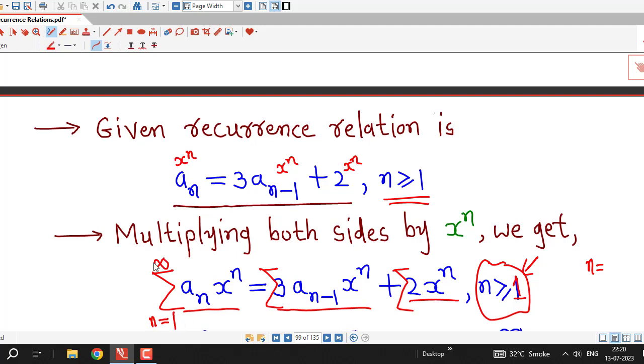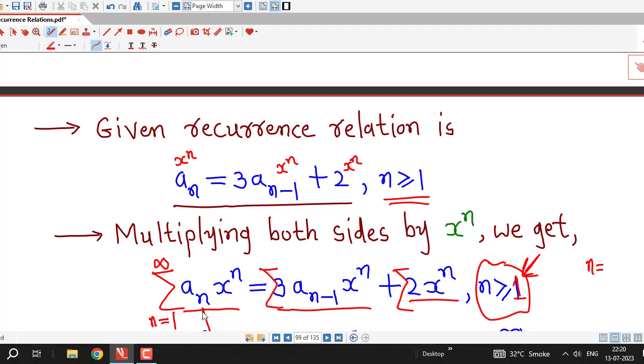So in the next step, we will take summation on both sides, or we will sum all the values corresponding to values of n. Here values of n are infinite, so we are taking sigma n equal to 1 to infinity.